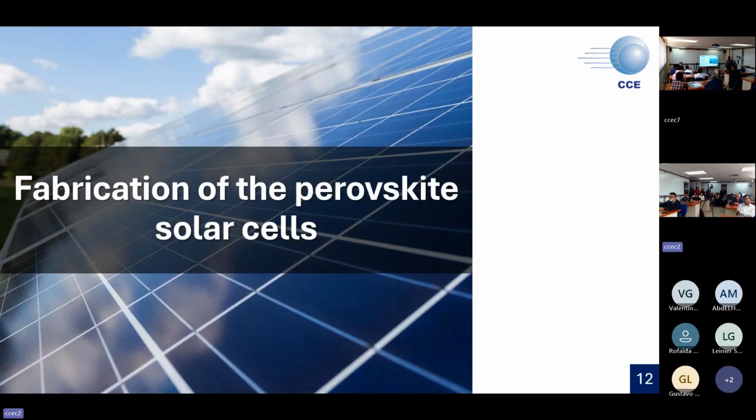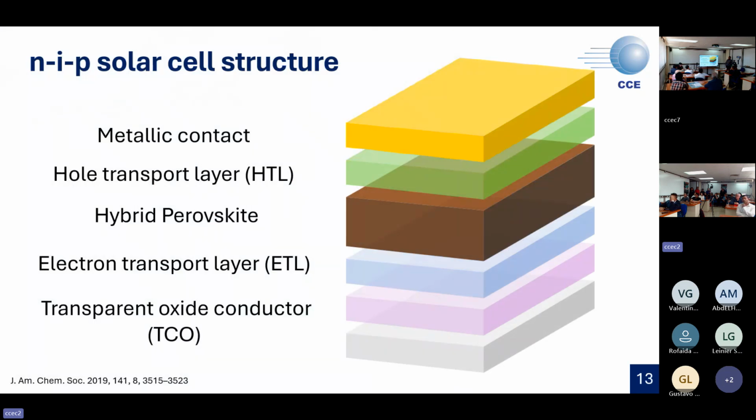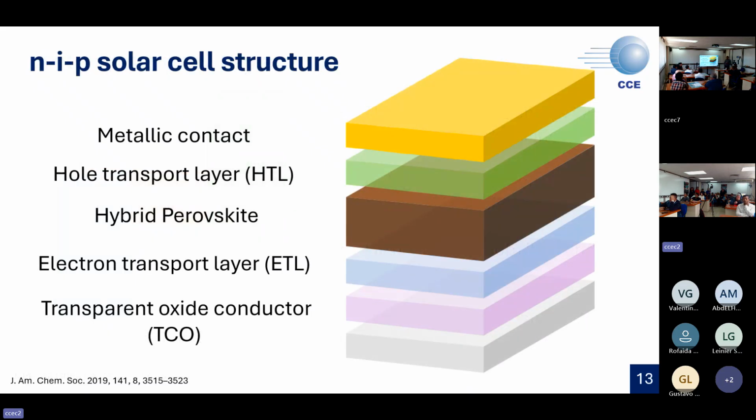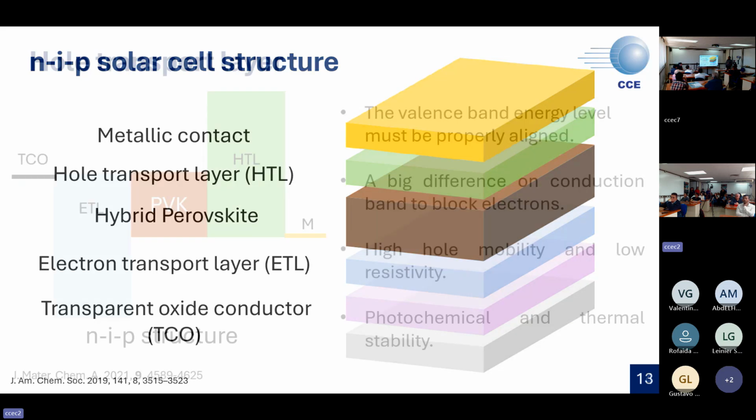In particular, in our laboratory, we work with hybrid perovskites, and we make the NIP solar cell structure using a transparent conductive oxide, an electron transport layer, the hybrid perovskite, the hole transport layer, and the metallic contact.